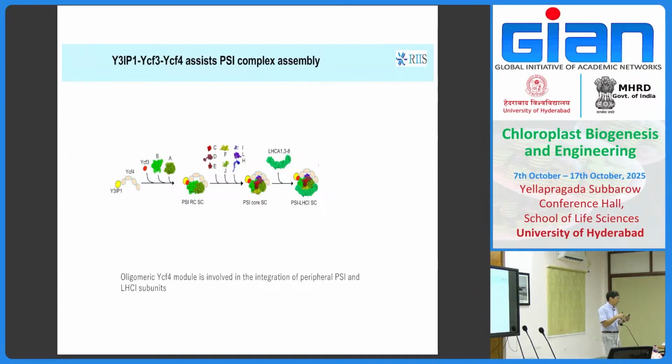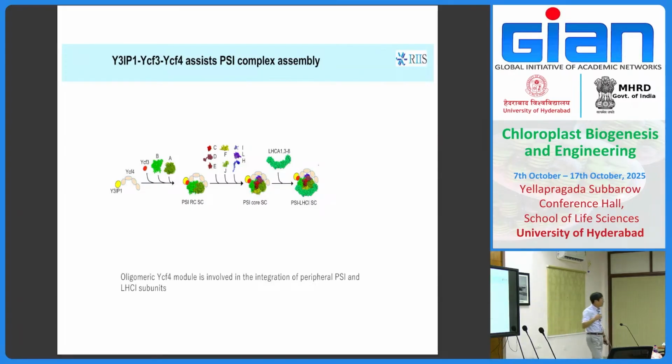We call it a subcomplex. And also, YCF4 is involved in the association of LHCA1, 3 to 8, which are located in 2 layers of the tetramer on the PSA F and J side.